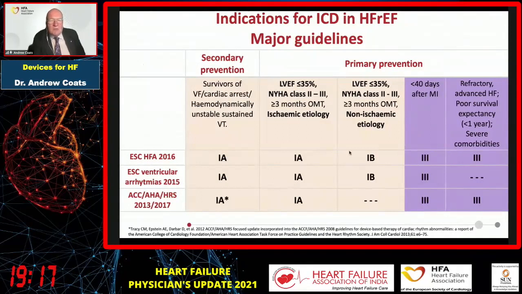You see class 1A recommendations for secondary prevention, survivors of VF cardiac arrest. We have primary prevention recommendations, some very strong 1A for ejection fraction below 35% on optimal medical therapy for ischemic etiology. The recommendation for non-ischemic etiology is not so strong because of the Danish study suggesting that they couldn't prove a benefit.